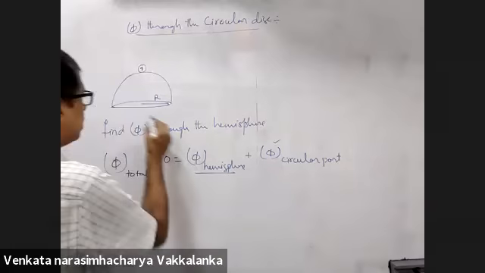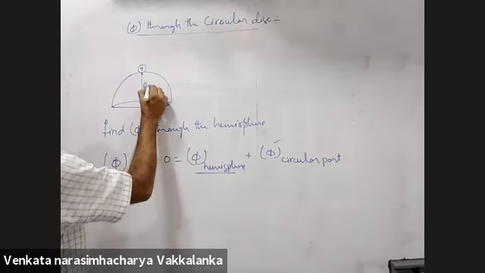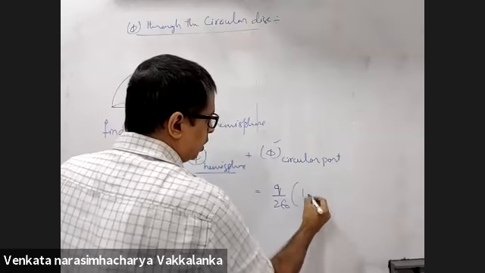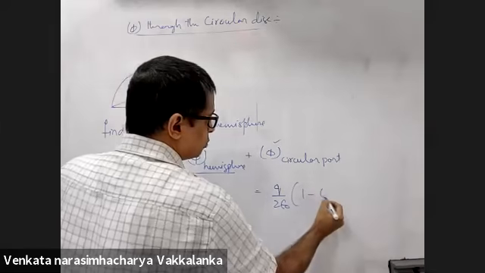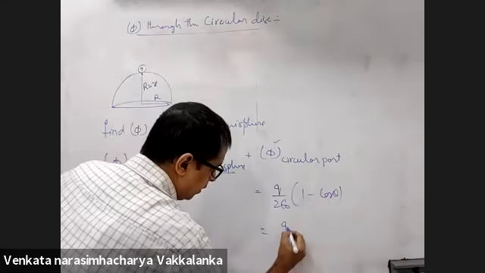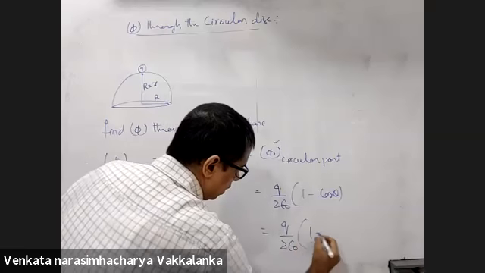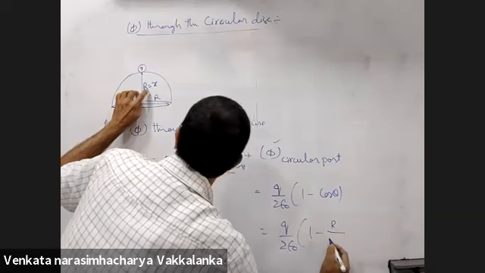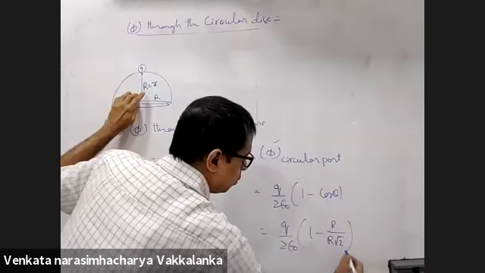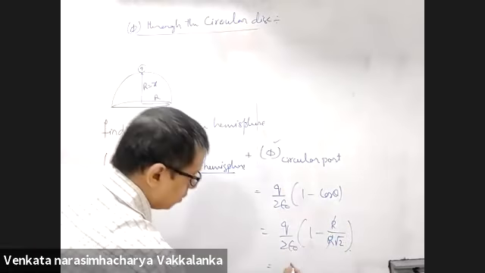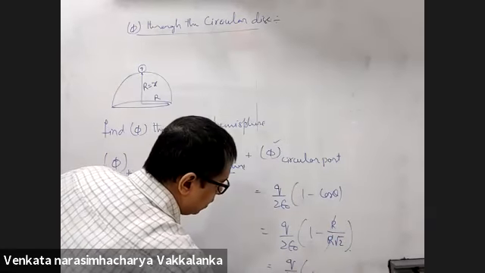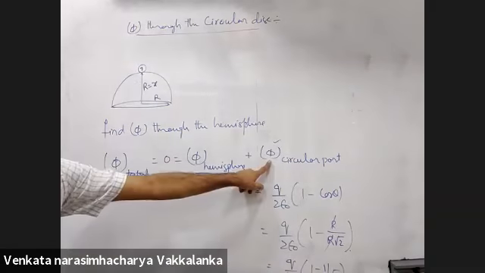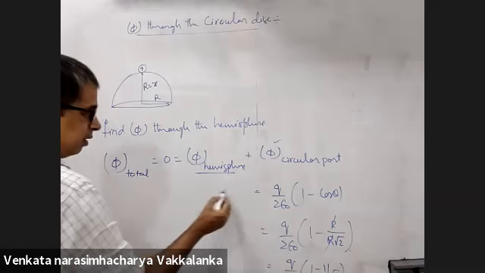Yes, sir. Through the circular part, here R is equal to X, Q by 2 epsilon naught into 1 minus cos theta, Q by 2 epsilon naught into 1 minus X is R divided by R root 2, Q by 2 epsilon naught into 1 minus 1 by root 2 is the flux through the circular part.